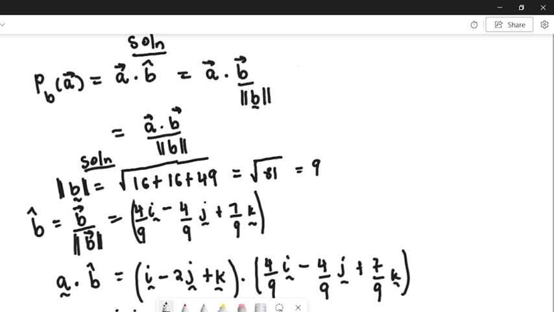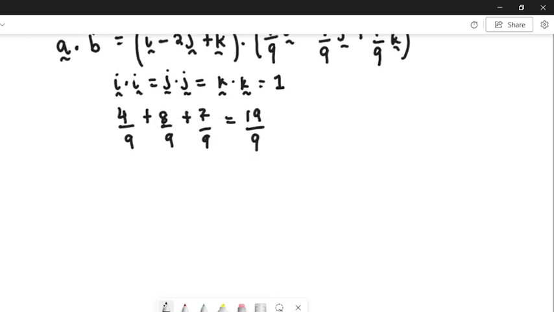Alternatively, we have the norm of B is 9. You can get the magnitude, which is 9, and get A dot B, and see if our value will be the same.